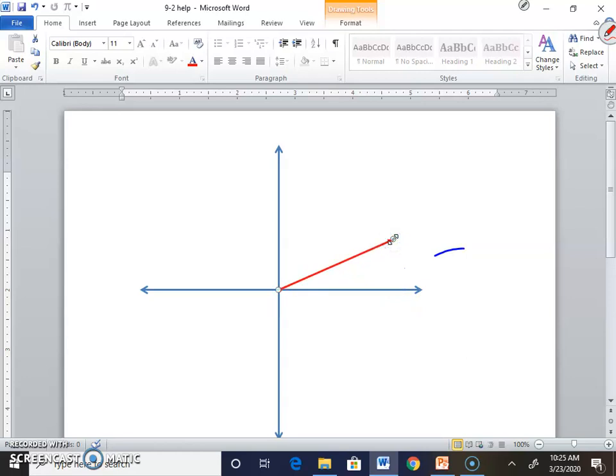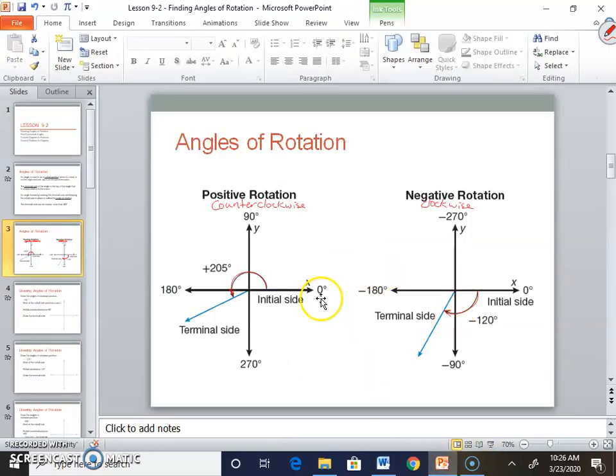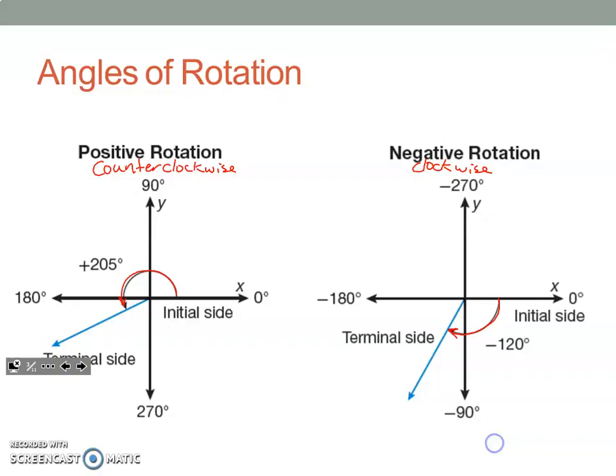Up. Up is a positive rotation. If I want to move in a negative direction, I'm going to move down. So I just look at how it initially rotates. So this would be positive because I'm moving up. This would be negative because I'm moving down. That's how I remember which one's positive and which one's negative. But you can also remember counterclockwise and clockwise as well.